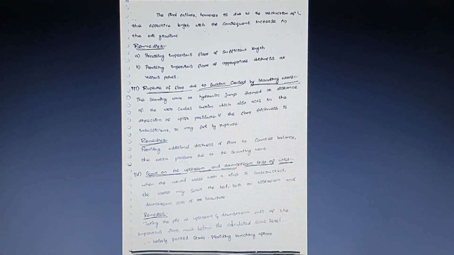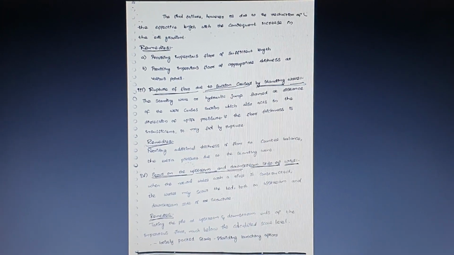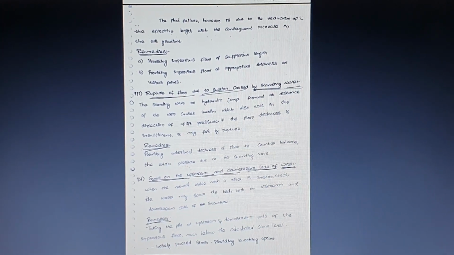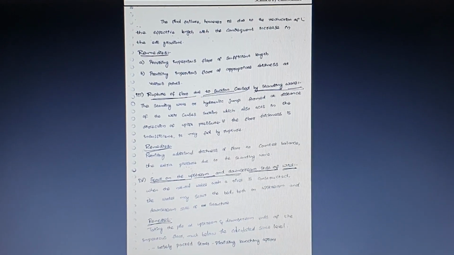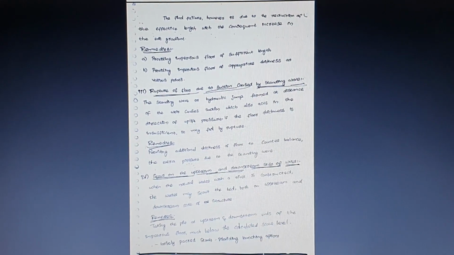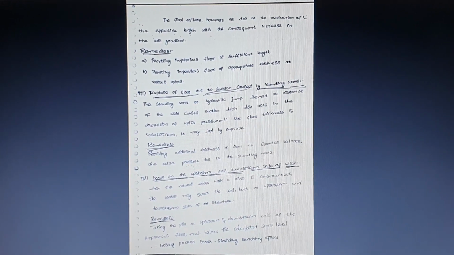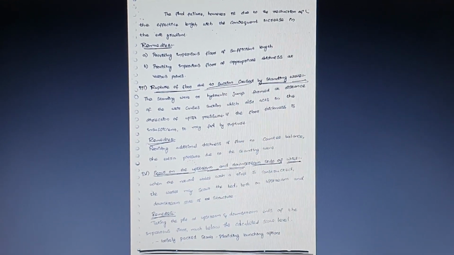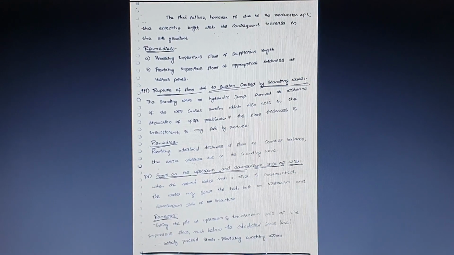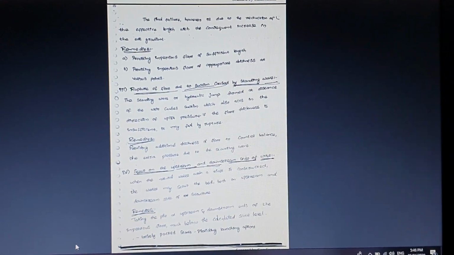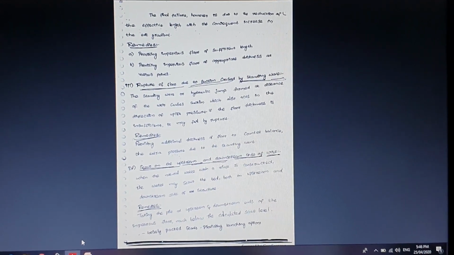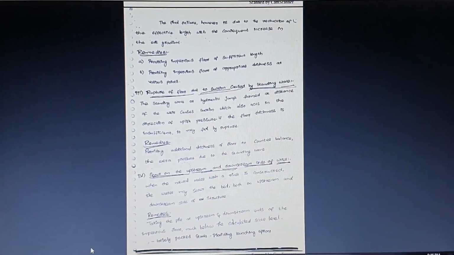Then the fourth and last cause of failure is scour on the upstream and the downstream side of the weir. When we construct a weir across a natural river, there will be scour depth. Scour depth is the washing away of soil particles whenever water moves from the upstream end to the downstream end of the structure.